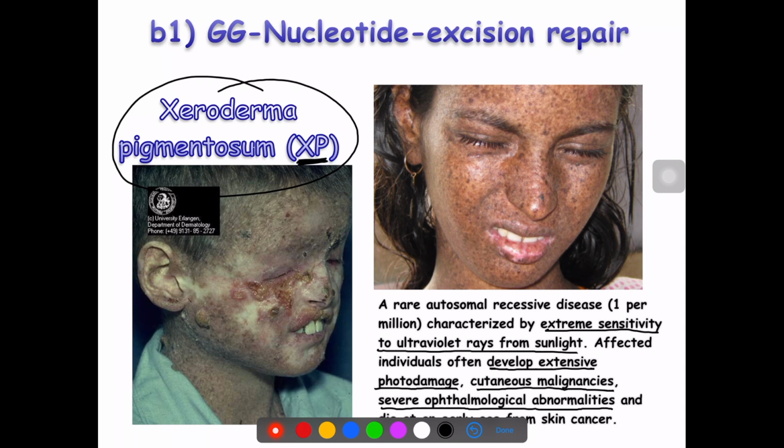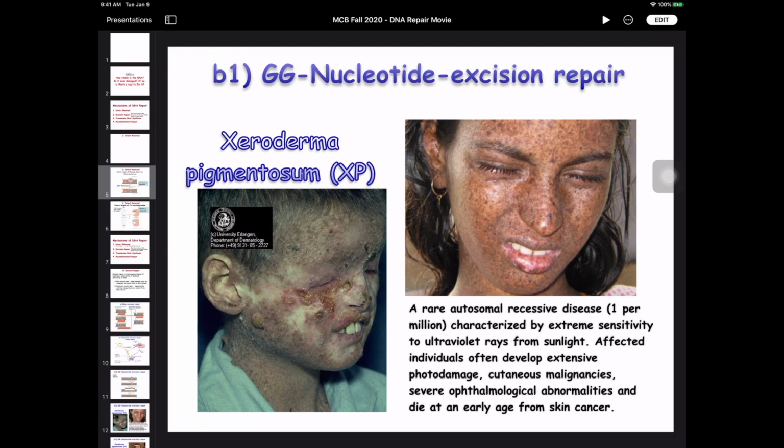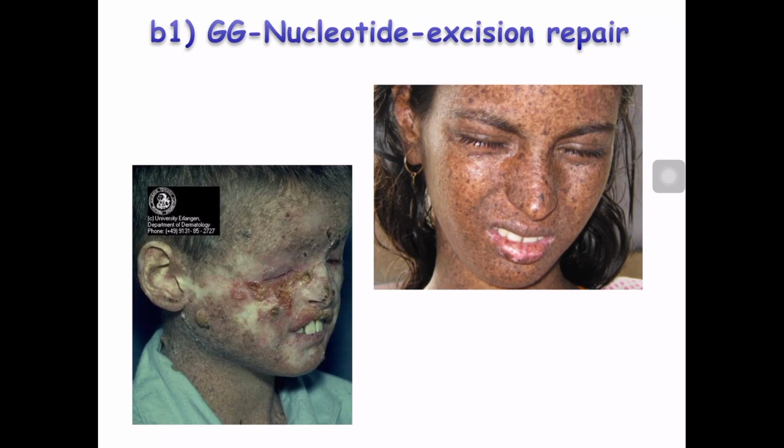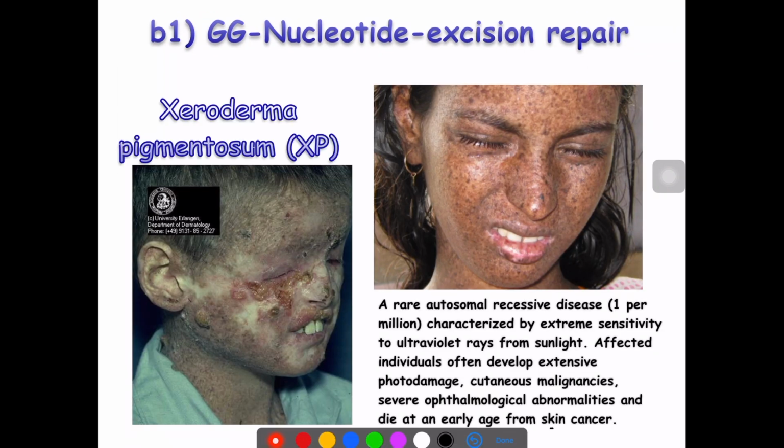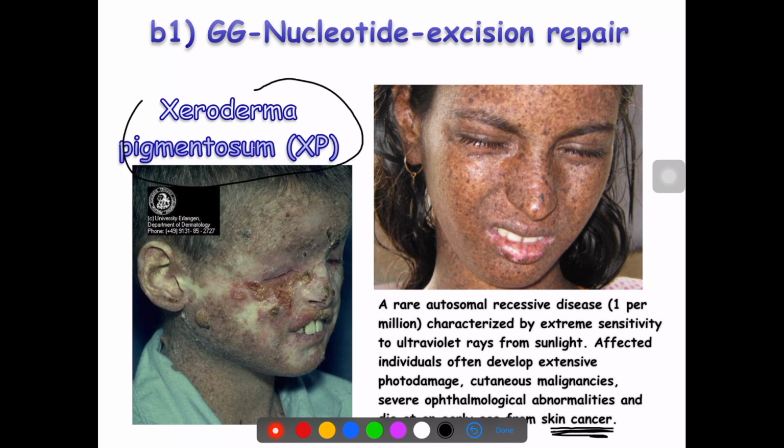So people have such extreme sensitivity in their exposed regions, not only of the skin but also the eyes, that they typically end up losing vision early on. And these individuals also end up dying at an early age due to skin cancer. So all of these are symptoms typically associated with xeroderma pigmentosum.